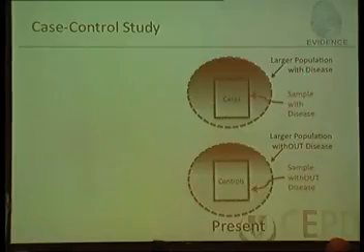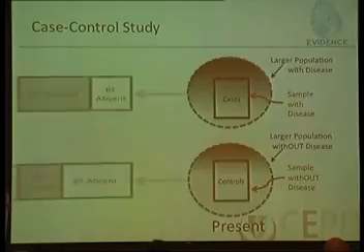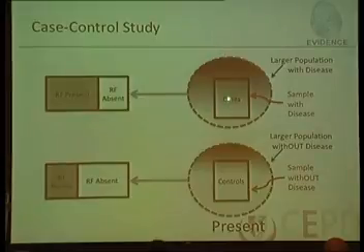Anyway, you take a sample of cases with the disease from the larger population and a sample of patients without the disease from the larger population, and then, this is at present, you're going to go back, right? You're going to ask whether the cases had risk factors. We're going to test them whether they have these risk factors or not.